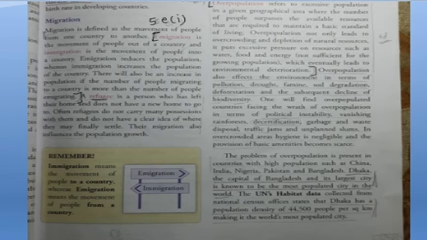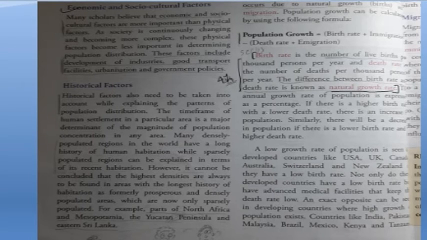And then what is birth rate and death rate? Birth rate and death rate. It is in page number 22 here. Birth rate and death rate. This is from here.